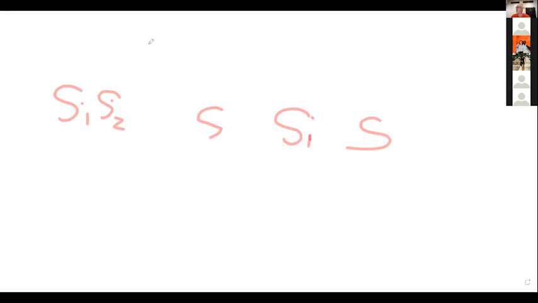How many valence electrons does silicon have? 4, just like carbon. And sulfur, how many does it have? 6, just like oxygen, times 2 is 12, for a total of 16. So 1, 2, and that is 4 electrons used, so we're left with 12.